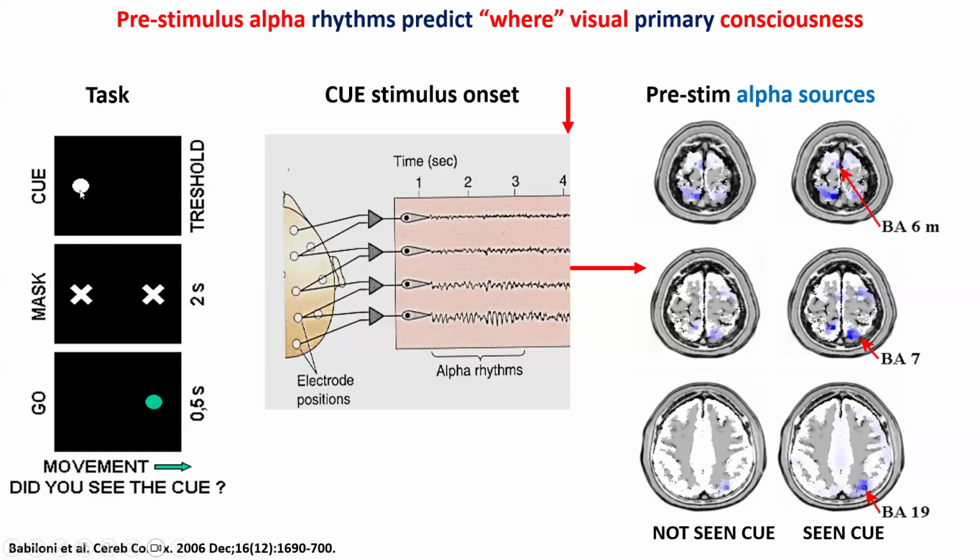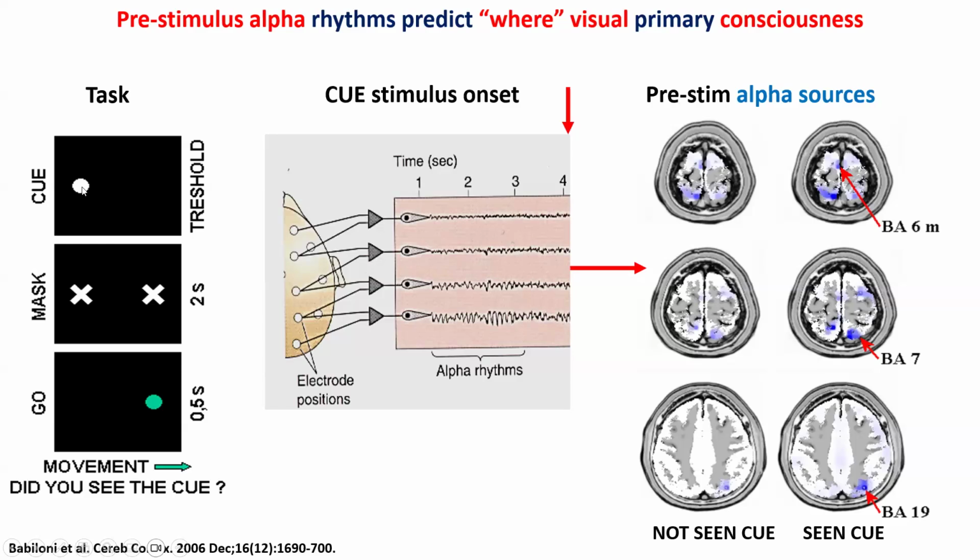One trial started with the cue visual stimulus. It was a visual spatial stimulus, a white circle, which could appear in the left or right part of the screen.